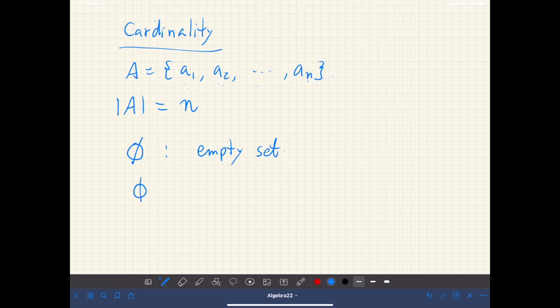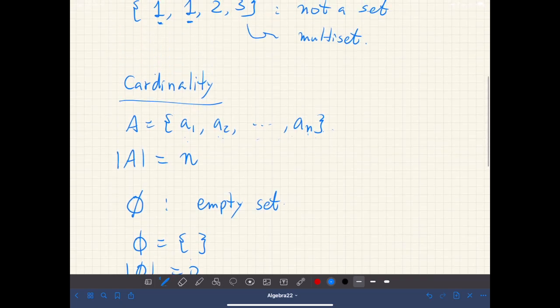The empty set is denoted as this, for example. Since there are no elements in this set, its cardinality is 0. And one easy way to define a set is like this: just enumerate all the elements within the set. So that's one way to define a set.